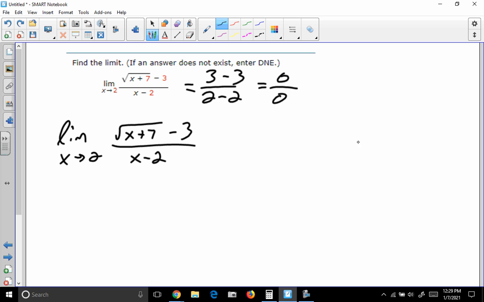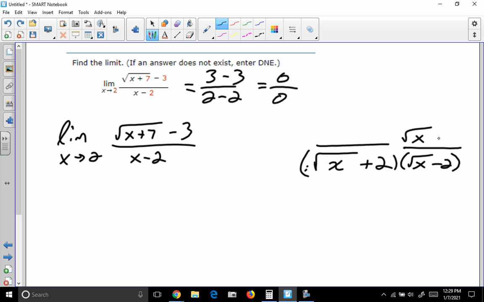And in the past, if we had a radical on bottom, for example, the square root of x plus 2, if we wanted to make this radical go away on bottom, if there are 2 terms, we would multiply top and bottom by the conjugate. And we'll see why in a minute. That's going to make the radical go away on bottom. We'll still have a radical on top, but that would get rid of the radical on bottom. We would actually end up with that.